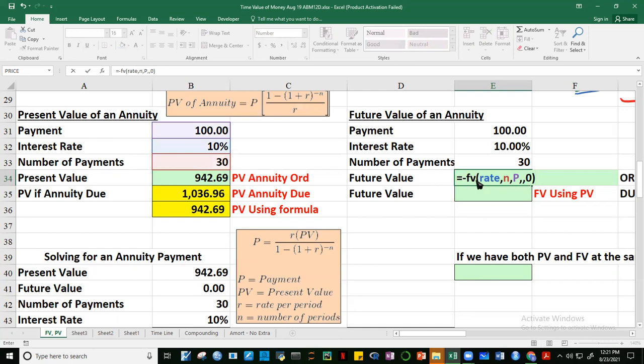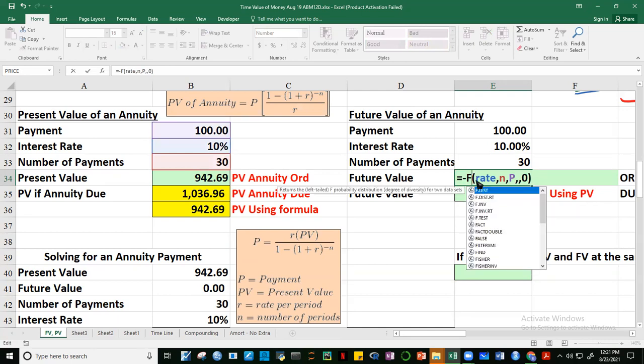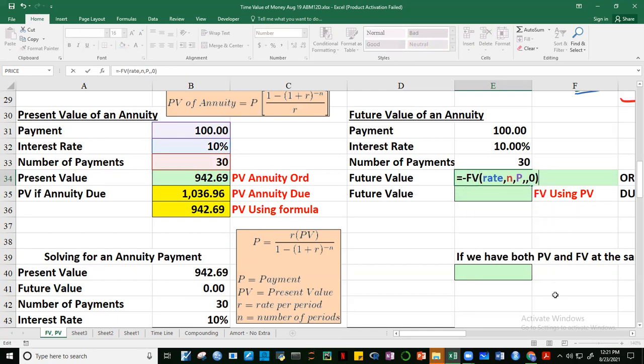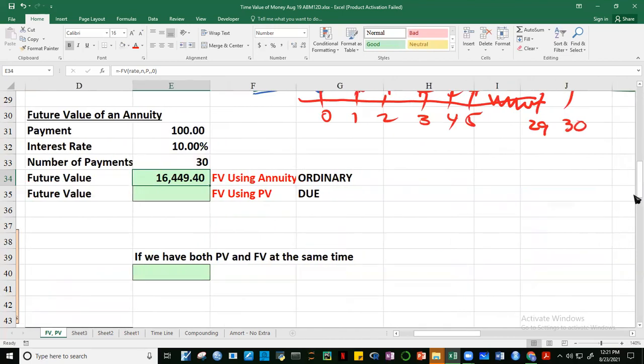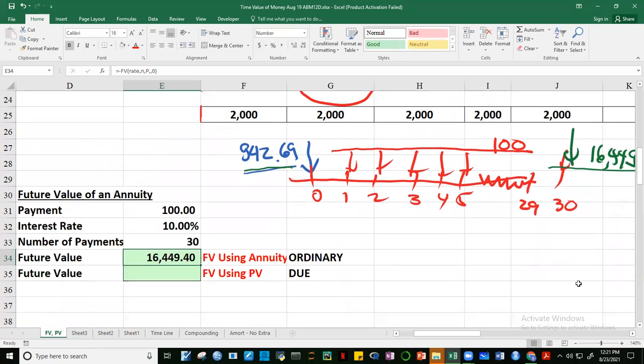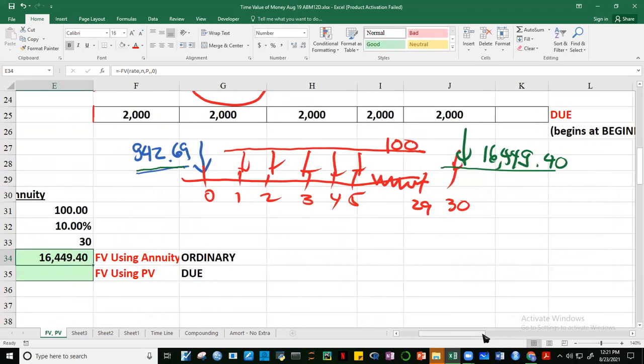So we can use this function in Excel. Okay, and then we'll get 16449.40. So ano ibig sabihin yan? Okay, let me illustrate that. We should be very clear about this. No?